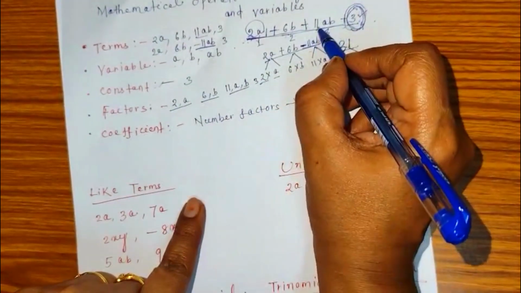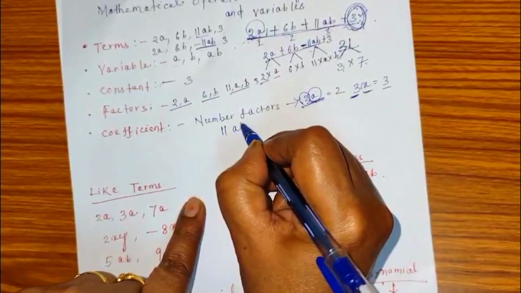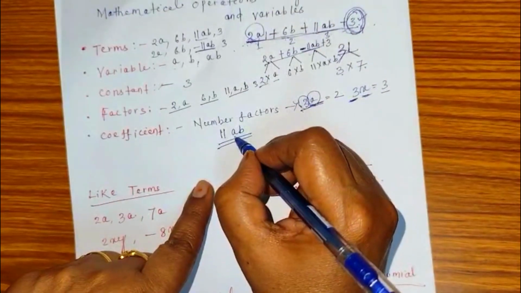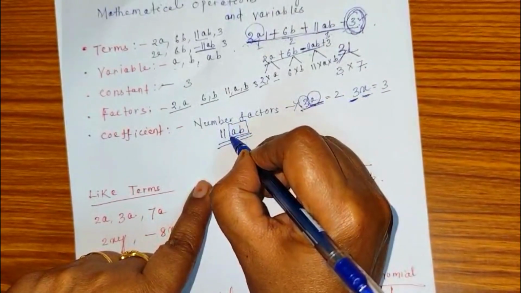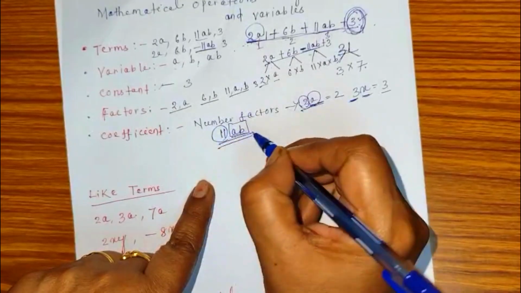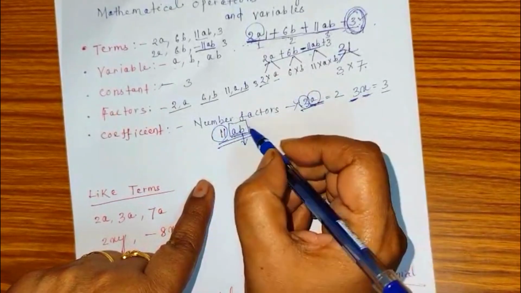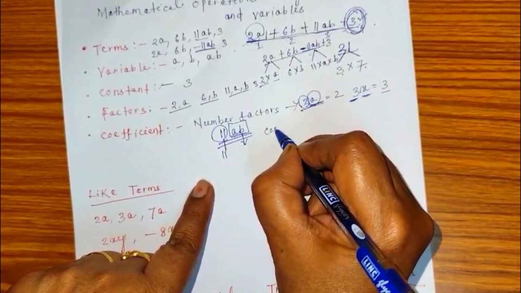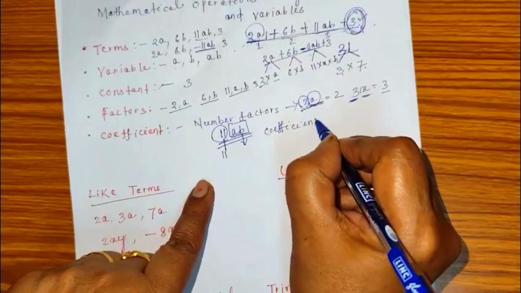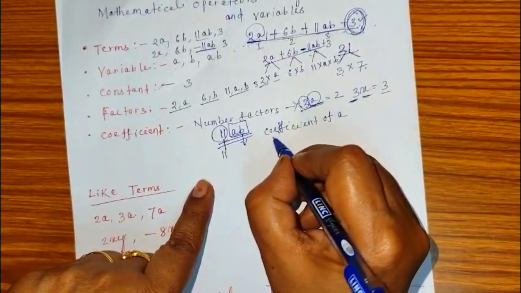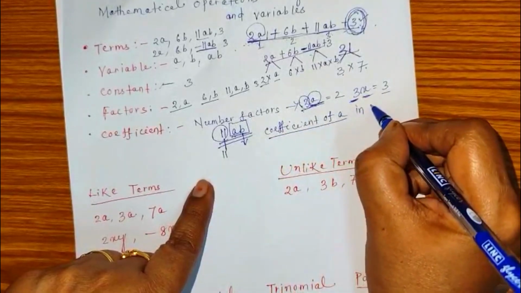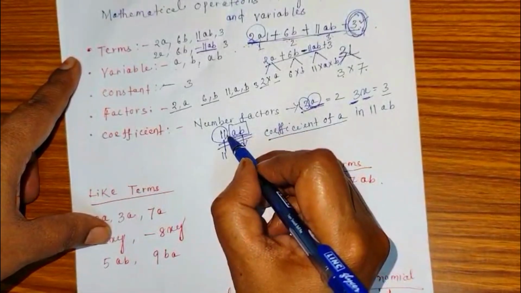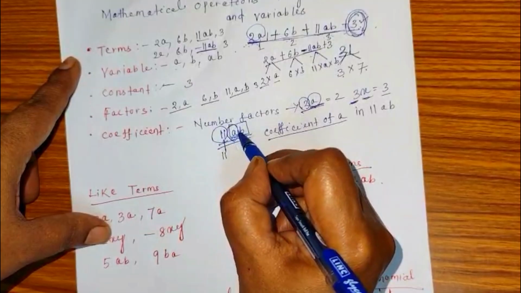Suppose, for example, take 11ab. If they ask what will be the coefficient of ab, in that case you directly write the number, that is 11. So the coefficient of ab is your number, 11. But if they ask you to find the coefficient of a in 11ab, in this case, other than this a, the rest is the coefficient of a.